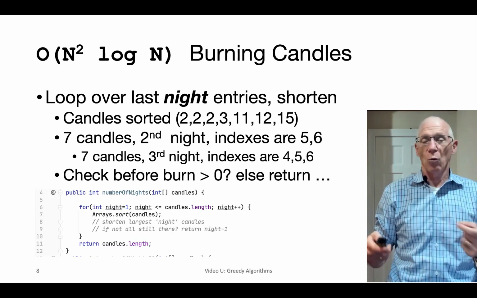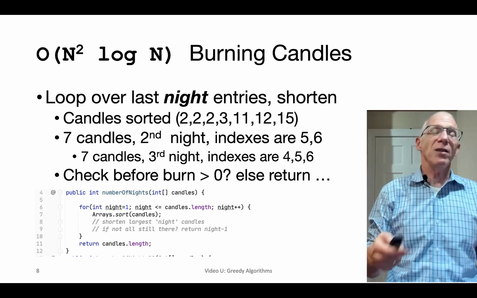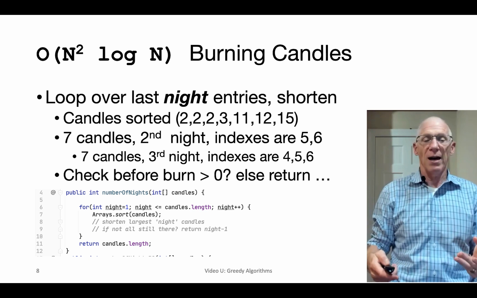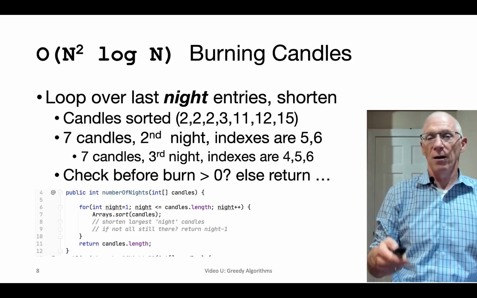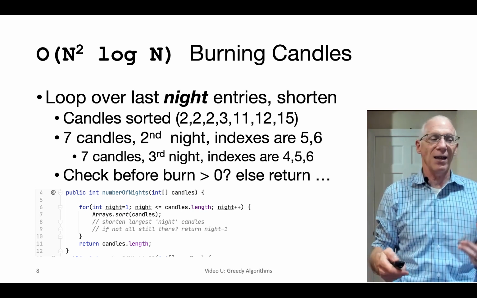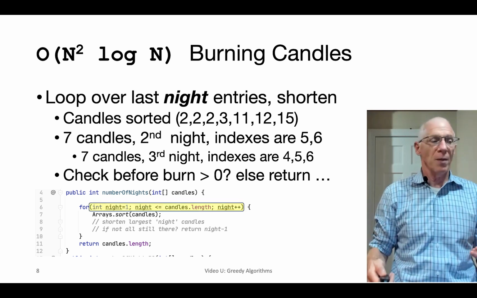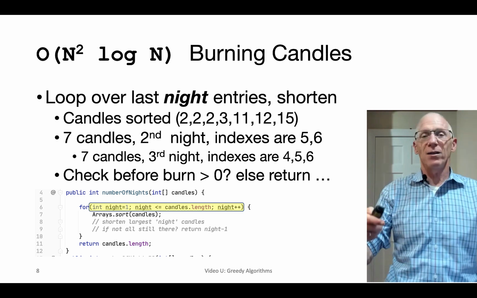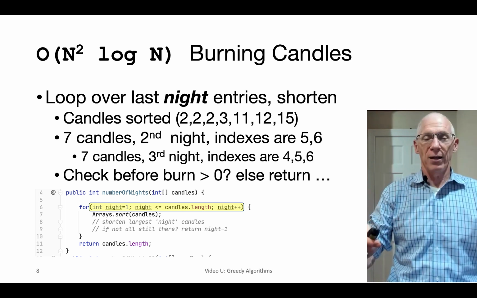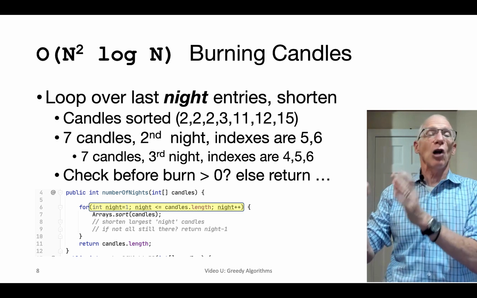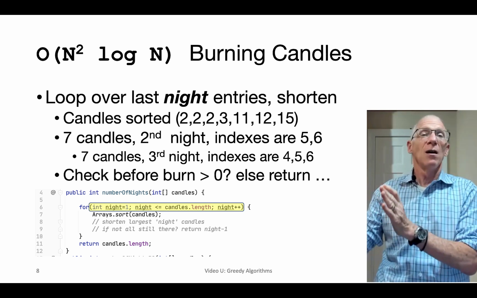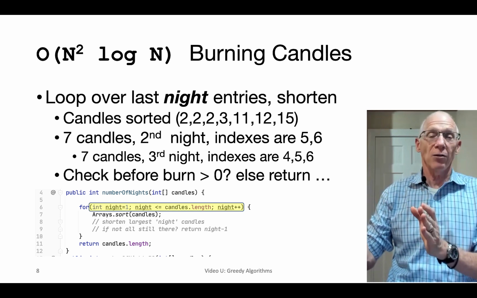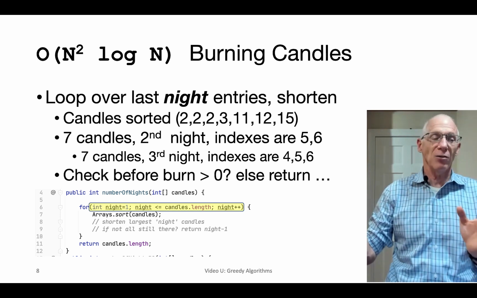How does that work? Well, we have the input candle sizes and we sort them. So in this example, I have 2, 2, 2, 3, 11, 12, 15. That's 7 candles. We sort them, and then on night 1, night 2, night 3, and night 4, we choose the largest, the last candle on the first night, the last 2 candles on the second night, the last 3 candles on the third night.